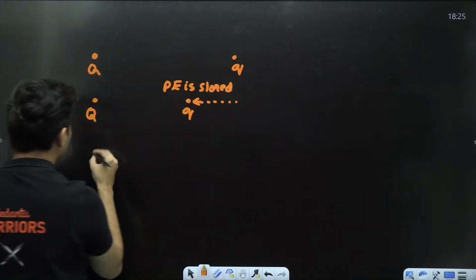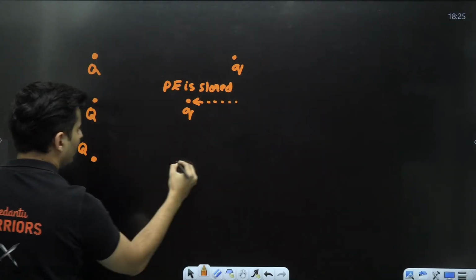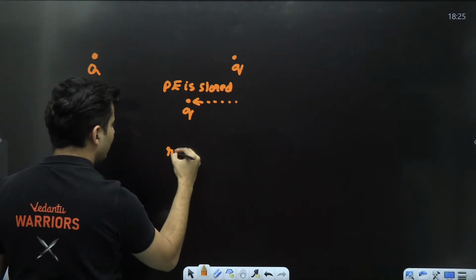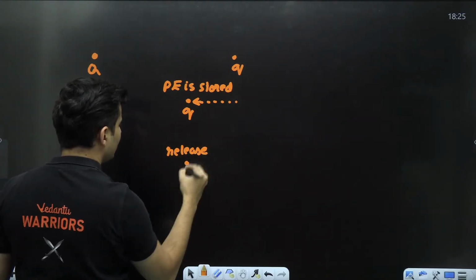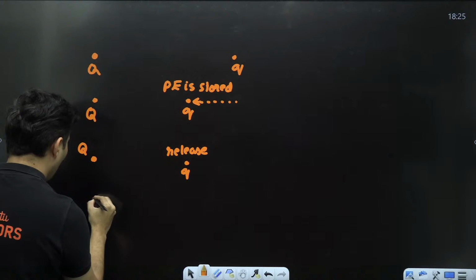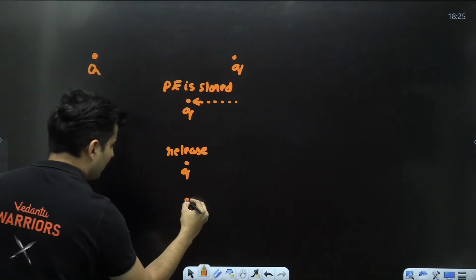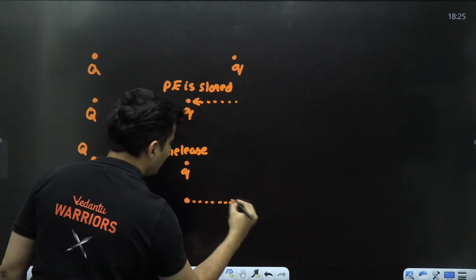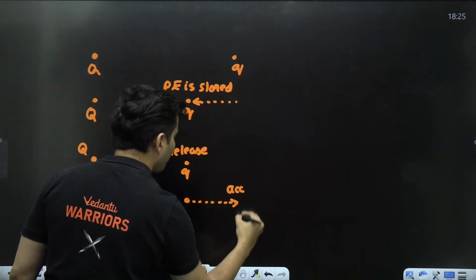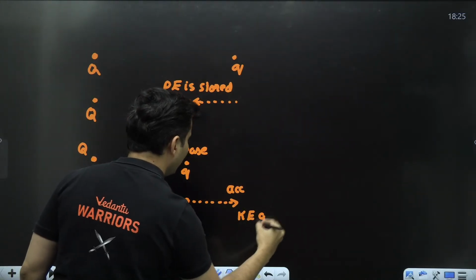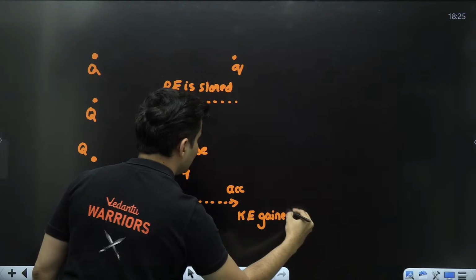And now imagine what I do is I basically release this particular charge small q. What will happen is you will notice that this charge will begin to move. It will accelerate. Kinetic energy will be gained. Where is this kinetic energy gaining from?